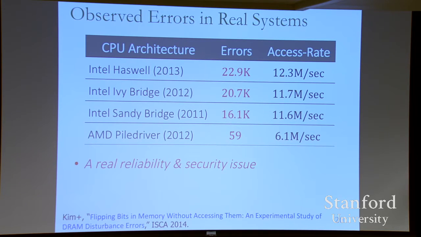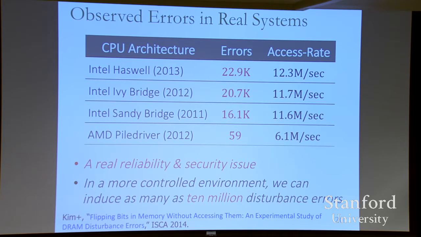It's a real reliability and security issue, and we'll talk about why it's a security issue in a little bit. But in a more controlled environment, you can induce a lot more errors than what we've seen over here. And clearly, the errors correlate with the access rate, because you need to do it enough times to extract the charge leakage and drain the capacitor before it gets refreshed.